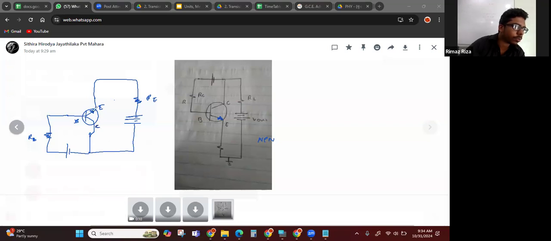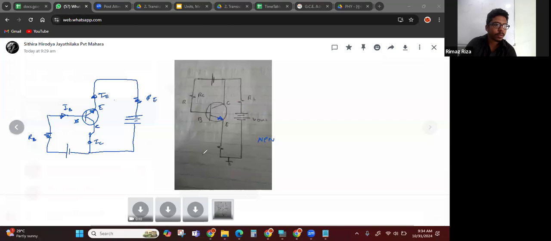So always from base to emitter, and therefore the direction of the current is this IE, and here this is IC, and this is IB. You haven't marked the currents also, that is a must.